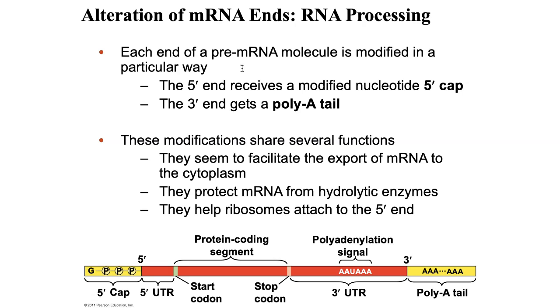So what are the modifications? The first thing is that on the 5' end, which is like the head, we're going to put a 5' cap, and this cap is made of guanosine. So we have a G here. So we have our 5' guanosine cap, and on the end, it's almost like putting caps on the two sides of this. On the end, we have to put something called a poly-A tail, which is a bunch of adenosine nucleotides in a row, just a bunch of A's, right?